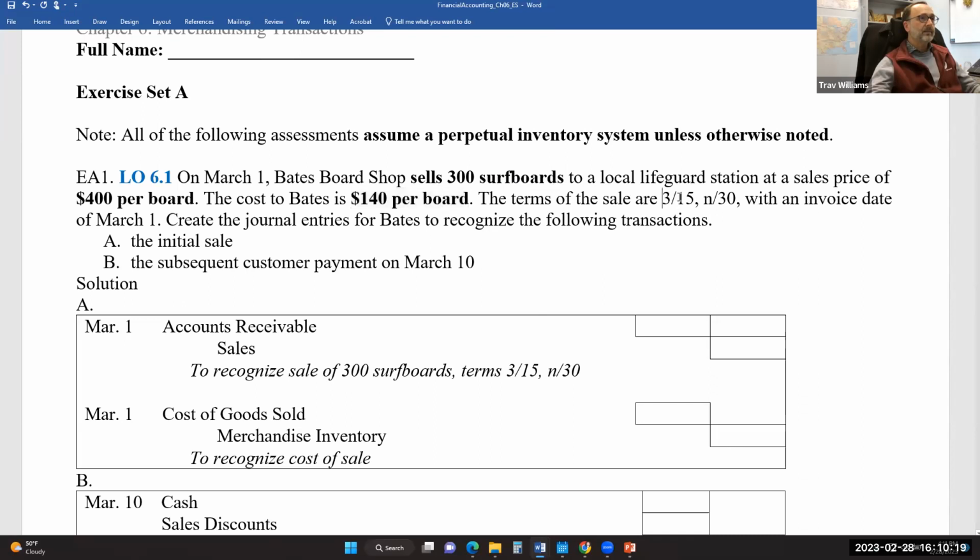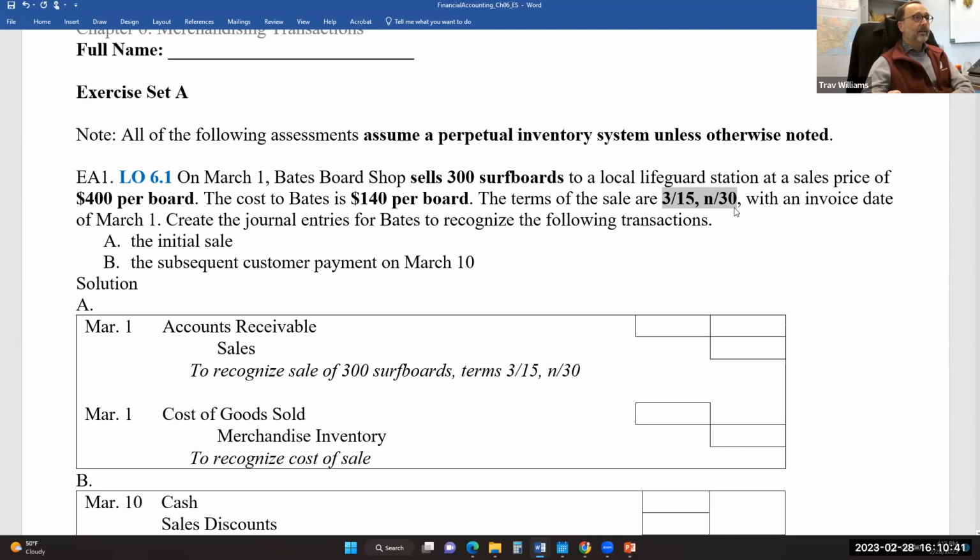Now here we see the sales terms. We only have sales terms like this when the customer does not pay, because this tells them when they have to pay by. And it also tells them if they get a discount for paying early. So the way we read these sales terms are $315 net 30.